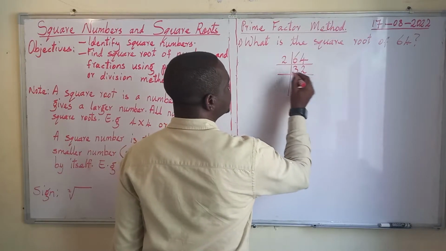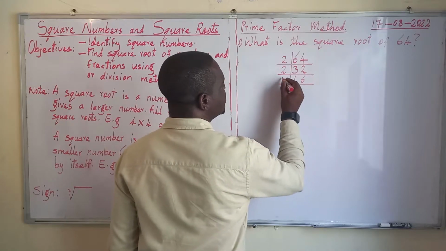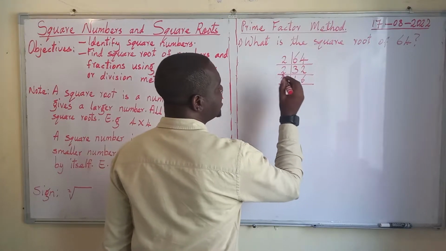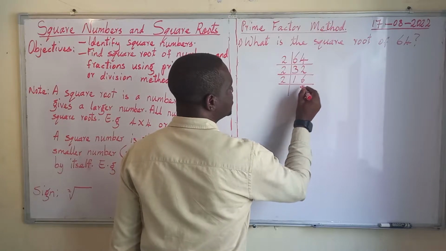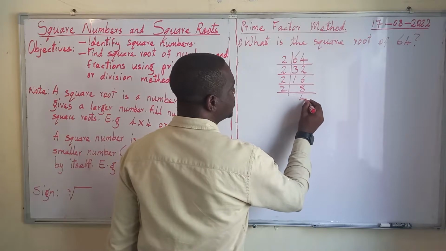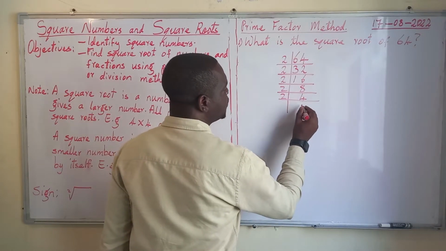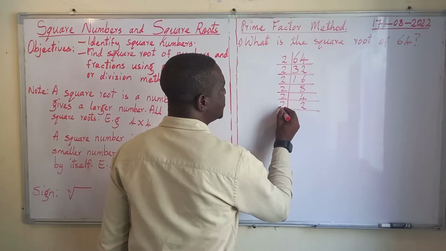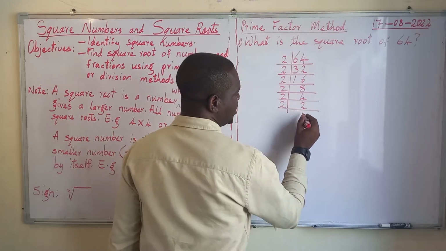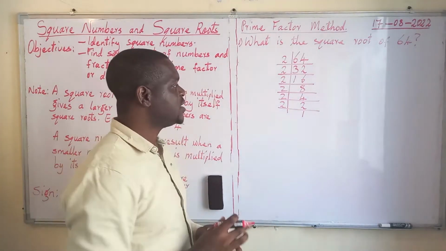The next is 2. 2 divides 32, 16 times. The next is 2. 2 divides 16, 8 times. The next is 2. 2 divides 8, 4 times. The next in that order is 2. 2 divides 4, 2 times. Lastly, we have 2, and 2 divides itself 1 time. Once you arrive at 1, you can stop there.